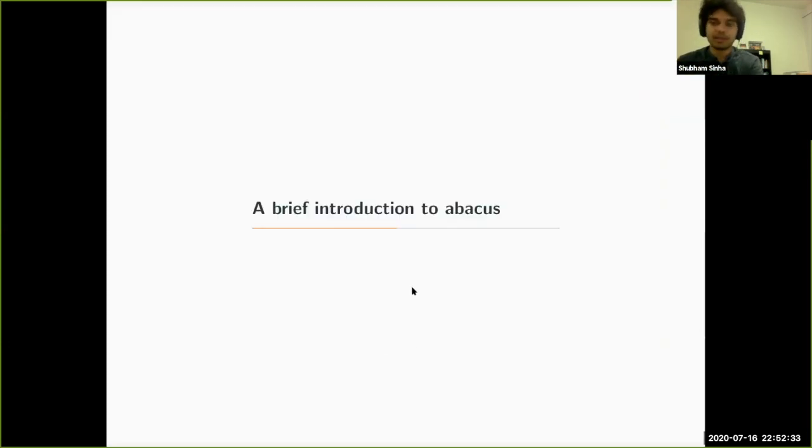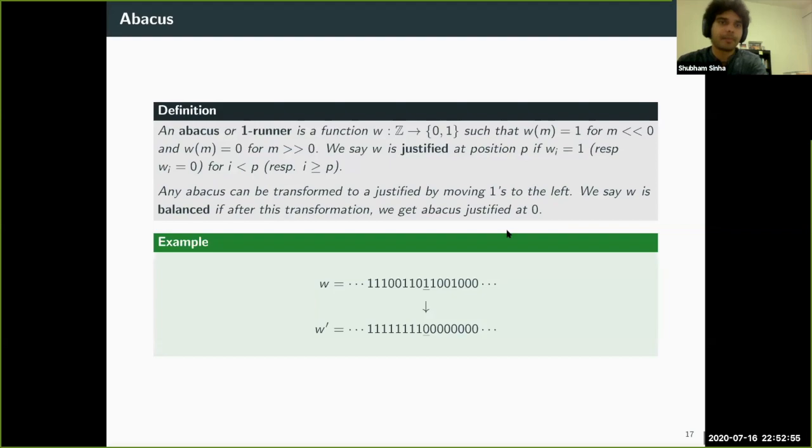To get around this problem, we have to develop some new theory. Before that, we want to introduce the notion of an abacus, which is used in most of the paper, even for the results I mentioned above. We use this notion to prove most of the things. An abacus is an infinite word in some sense, that is, a function from Z to {0,1}.